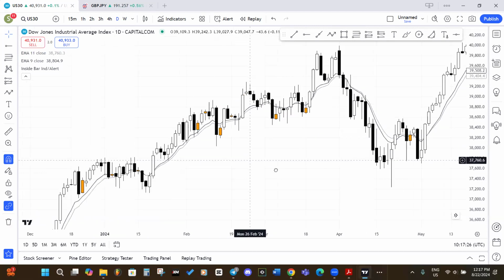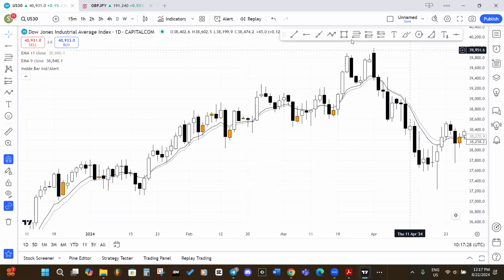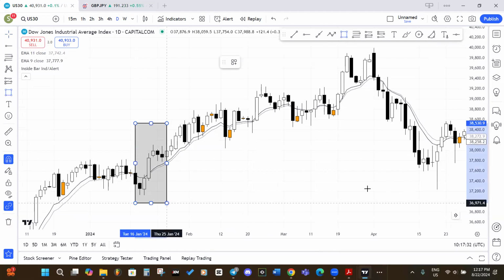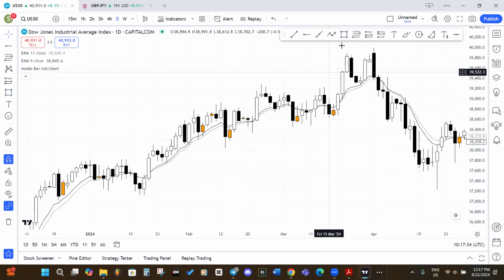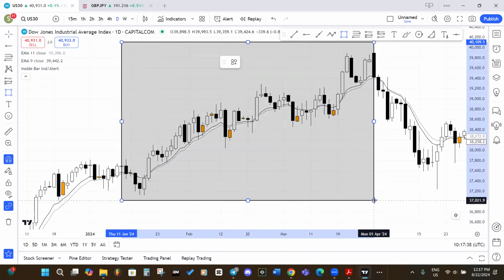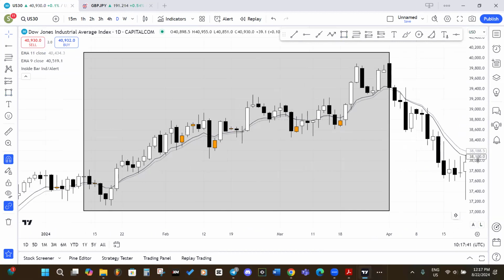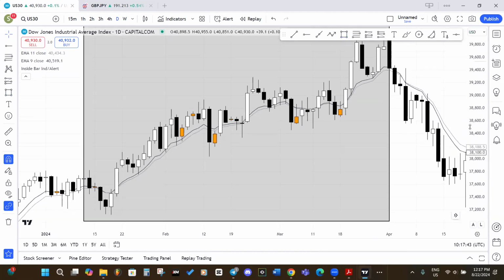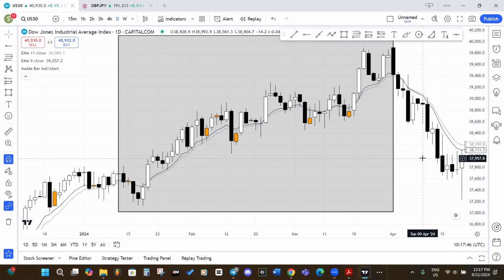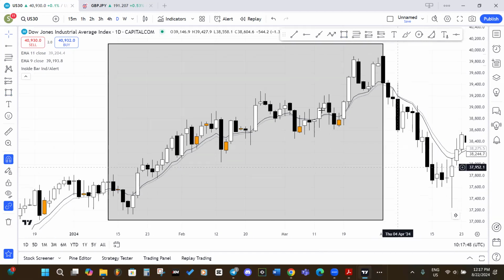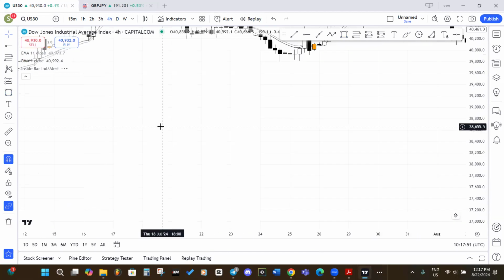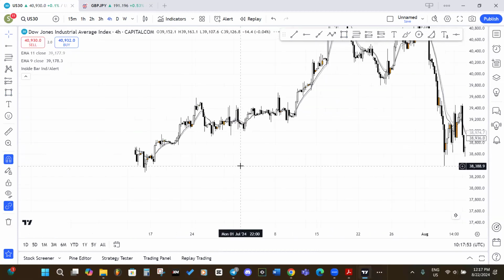So let's just look at this phase here. If you see here, this is the daily time frame. That's where you get to identify the overall momentum. And also from the 4-hour time frame, we can identify that.